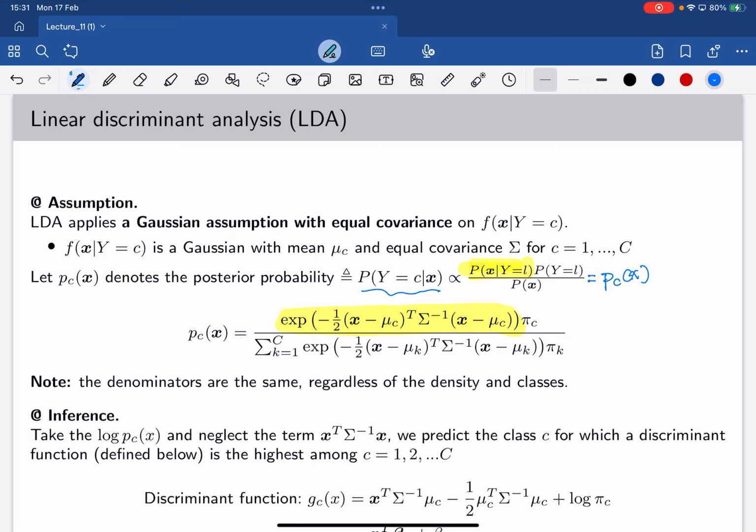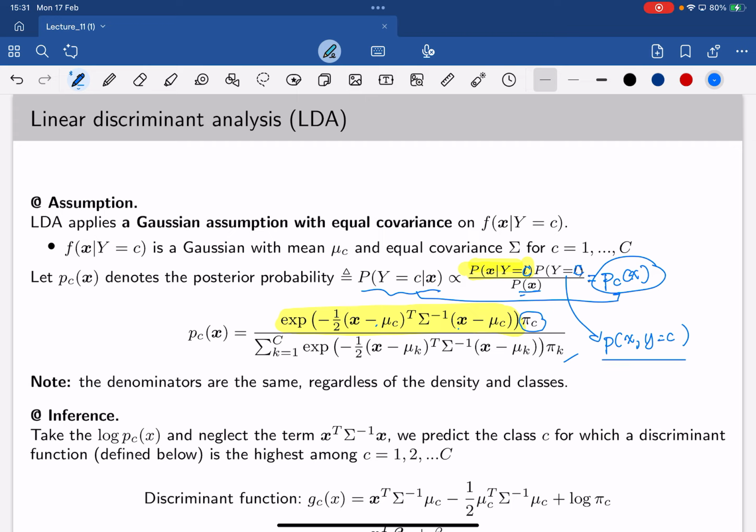That is another way I wrote the probability of Y being in class C given X. Above here is the conditional of X given Y times the probability of Y being in class C. Sorry, above here I wrote it as class L, but it should be C. And below here, after you have these two, probability of X given Y equal to C multiplied with the prior of C is a joint distribution.